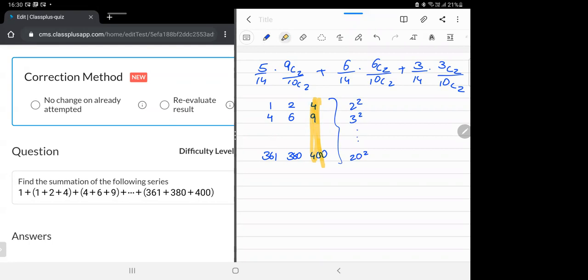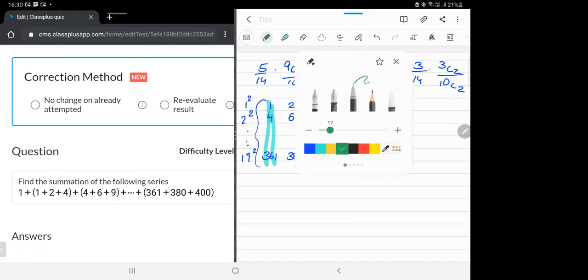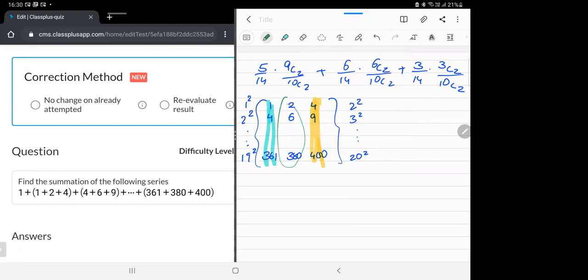If you look at these numbers, these are 1 square, 2 square till 19 square. And these intermediate things are 2, 6, and 380.